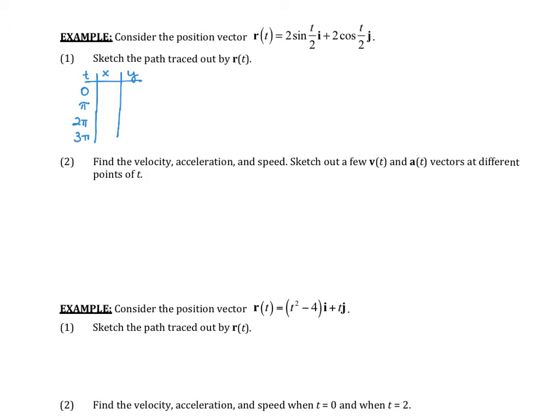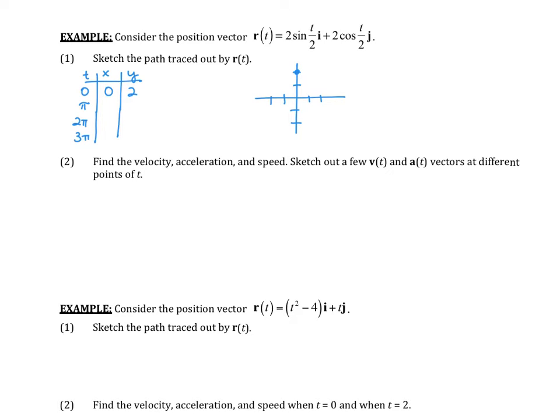So if we plug in 0, 2 sine of 0 is 0, and 2 cosine of 0 is 2 times 1, which is 2. So we'll start and draw this at 2. There's my first point up on that y-axis.